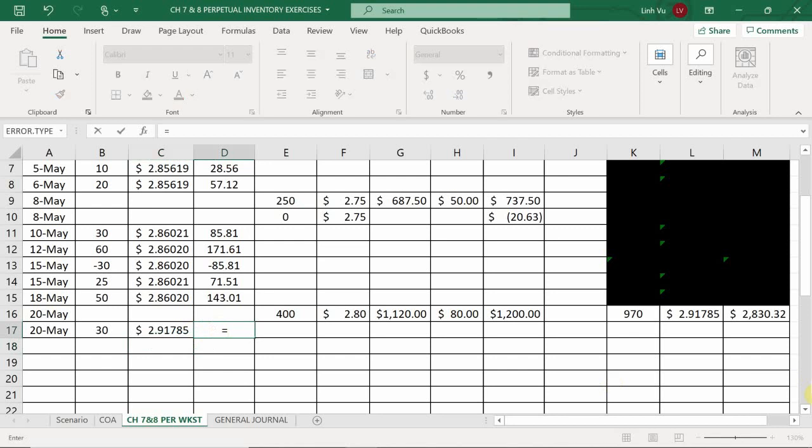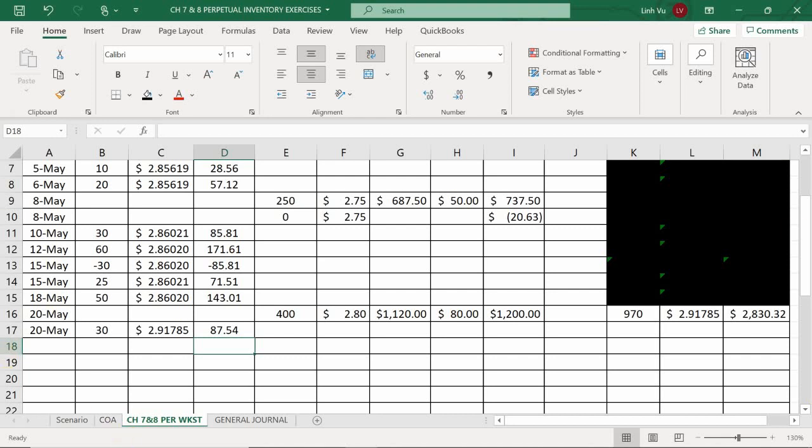So now we need to recalculate what my new cost of goods sold is going to be because this time I have a higher price point. So what is going to be my total cost of goods sold? $87.53. 87.53 point something something something. So round up to 54.